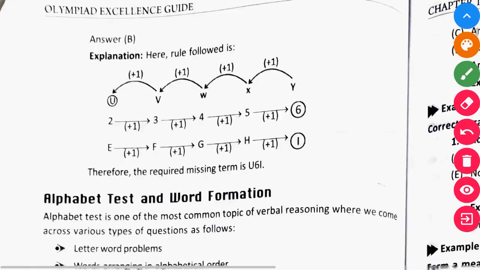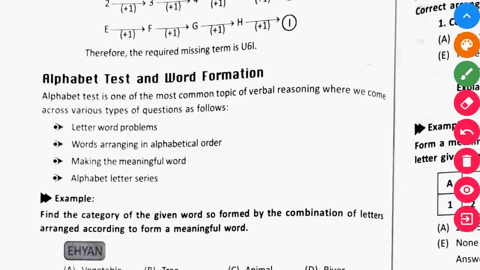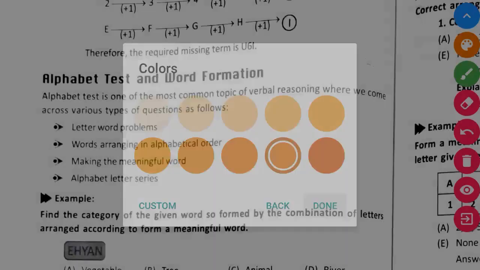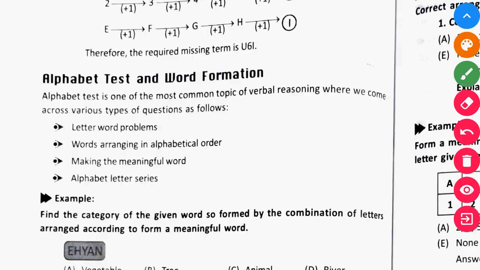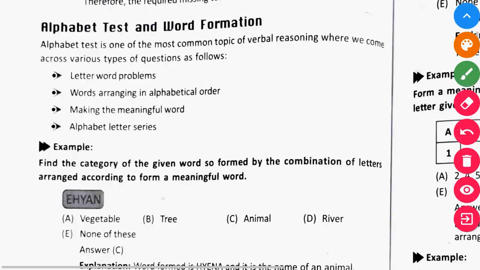Now the next criterion we have to see is based on alphabet and word formation. Here we can say letter-word problems, or arranging words in alphabetical order, or making a meaningful word, or alphabet letter series. These are some patterns which come under the heading alphabet test and word formation.